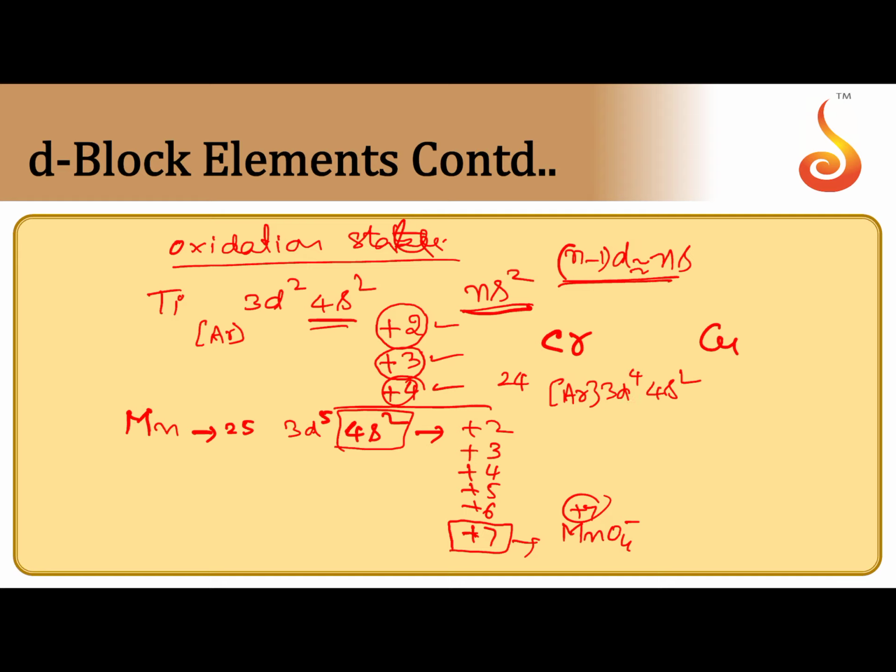When a subshell is exactly half filled, the atom gets additional stability. That is why, even though opposing the Aufbau principle, one electron is de-excited from the 4s orbital to the 3d subshell to make it an exactly half filled subshell, 3d5 4s1. This is the electronic configuration of chromium. It is violating the Aufbau principle.